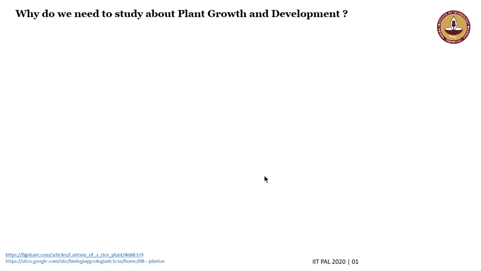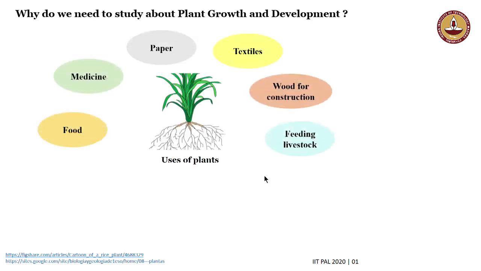Now the question arises, why do we need to study about plant growth and development? As we all know, we use plants in our day-to-day life for various applications, including food, medicine, paper, for textiles.